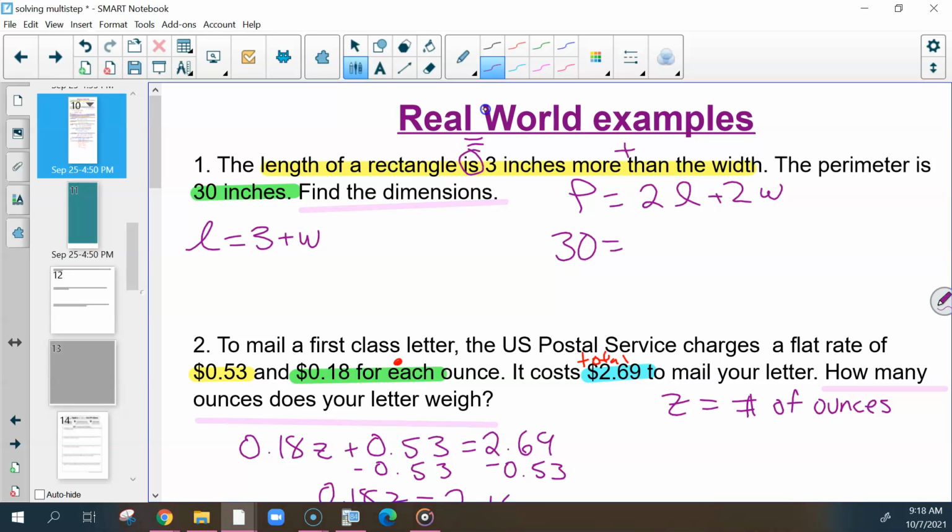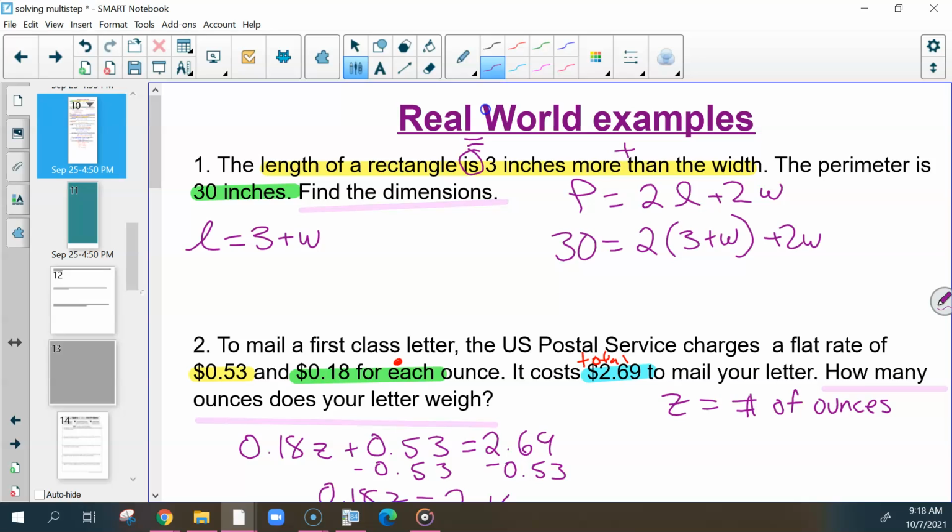You have it solved. Now it's going to save the equation. Okay. Hold that thought. Because we're multiplying 2 times L, and we know that this is L, we're going to put this in parentheses in the equation. So the 30 would equal 2 parentheses 3 plus W and parentheses plus 2W.